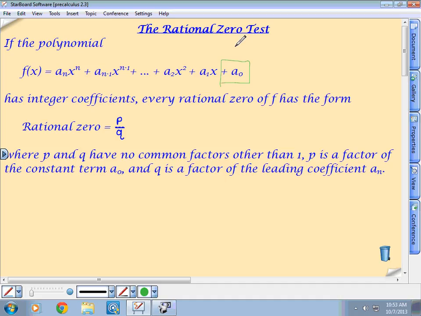That's our constant term. Right, that's just a number. Okay? Has integer coefficients. Every rational zero of f has the form p over q, where p and q have no common factors other than 1. P is a factor of the constant term, and q is a factor of the leading coefficient.